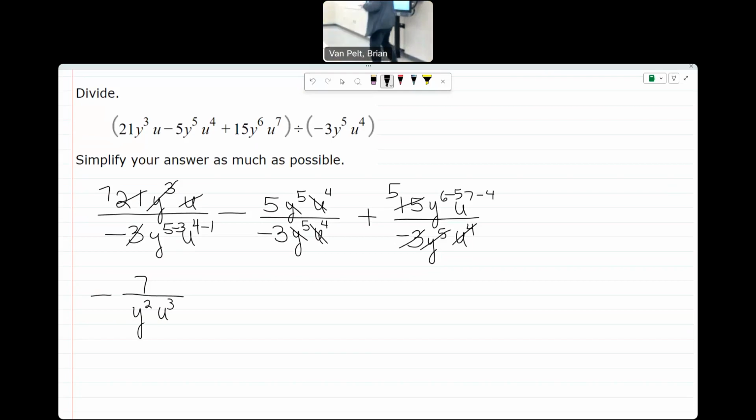The second one becomes plus 5/3. And finally, the last one, what are we going to have here? 5y u to the third? Oh, it's negative, right? I forgot the negative down there. Minus 5y u to the third.